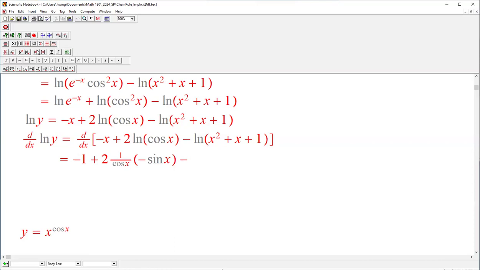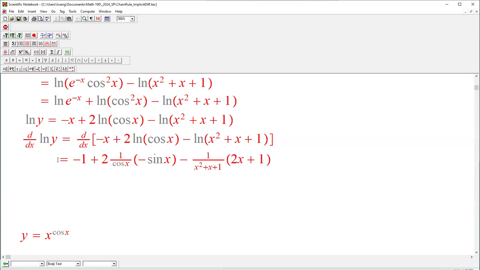And then subtracting the derivative of ln of x squared plus x plus 1, that's a chain rule again. That's going to equal 1 over x squared plus x plus 1, and then you differentiate whatever is in the parentheses, giving 2x plus 1.